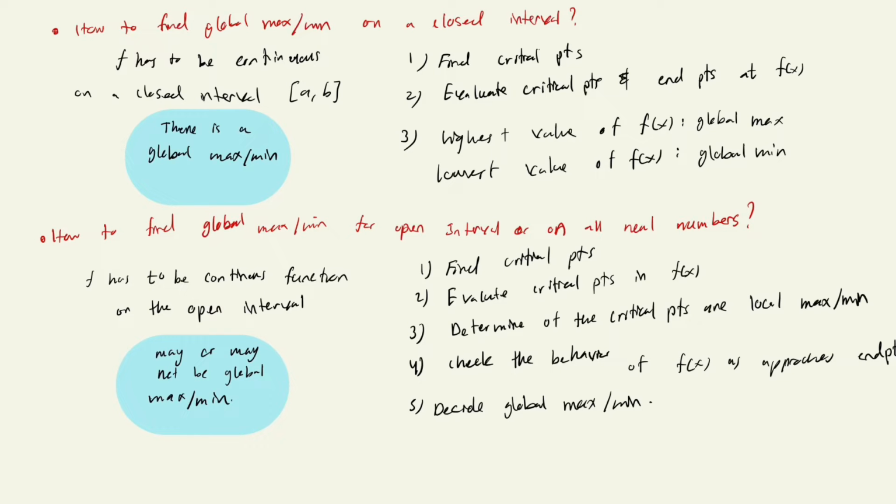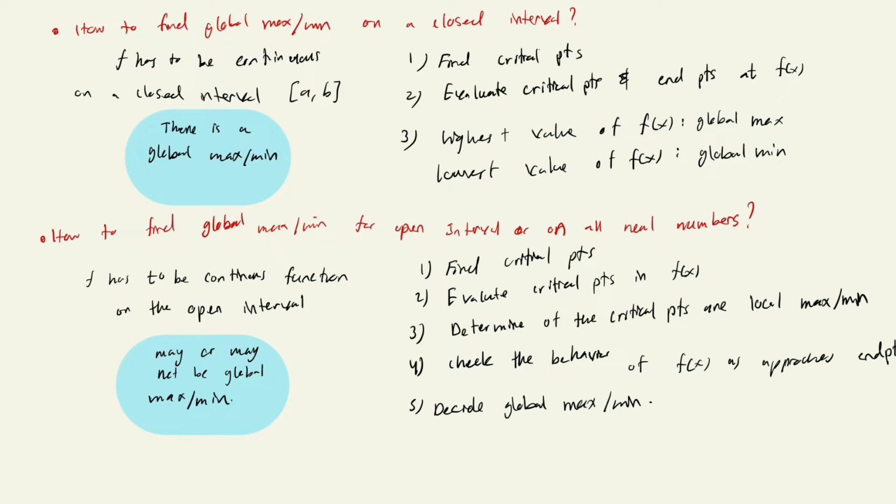There are two ways we can find global maximum or minimum that depend on the interval, whether it's closed or whether it's open. In case we have a closed interval, first f has to be continuous on the closed interval a to b, and here we are guaranteed to have a global maximum and minimum.